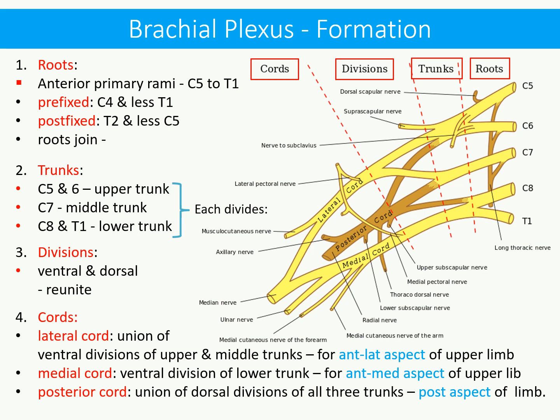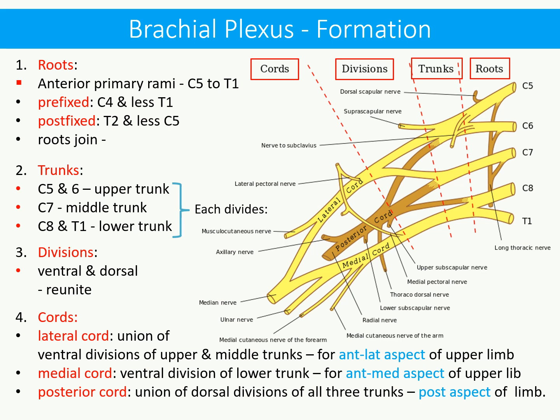There are three cords. Lateral cord is formed by union of ventral division of upper and middle trunks. This is for the innervation of anterolateral aspect of the upper limb.